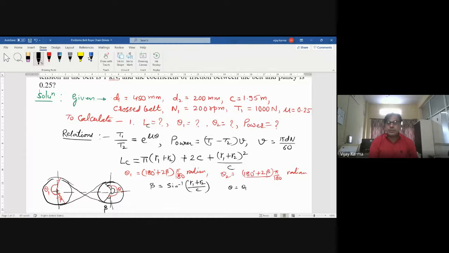Theta is equal to theta 1 is equal to theta 2. So tell me the value of theta next time. First calculate the length of the belt. First we have to find the length, then the contact angle, and then we have to determine the power.